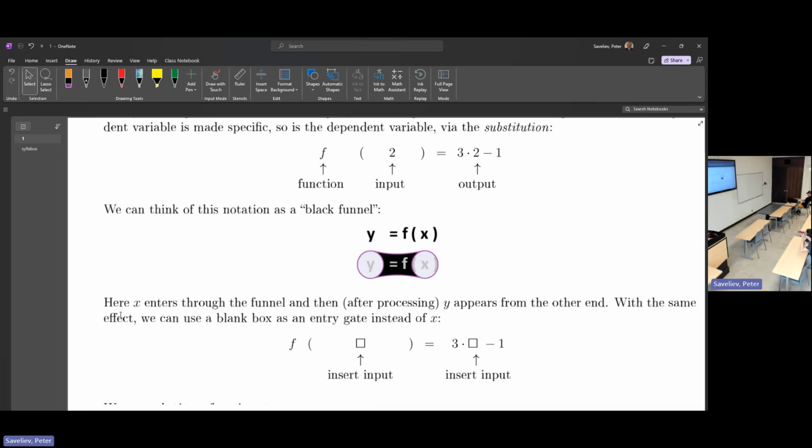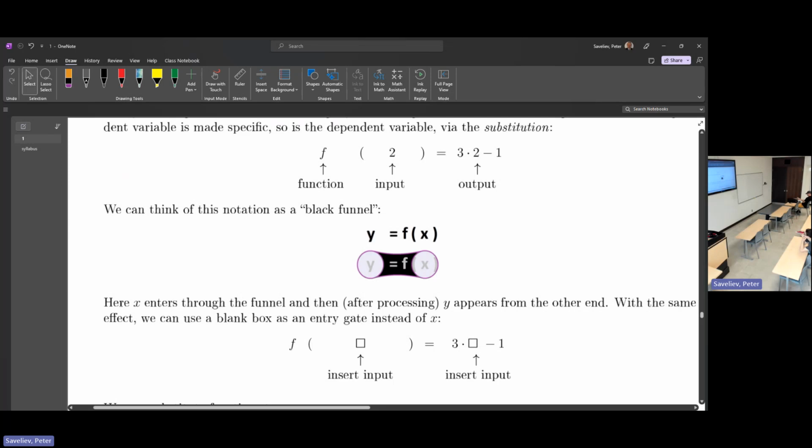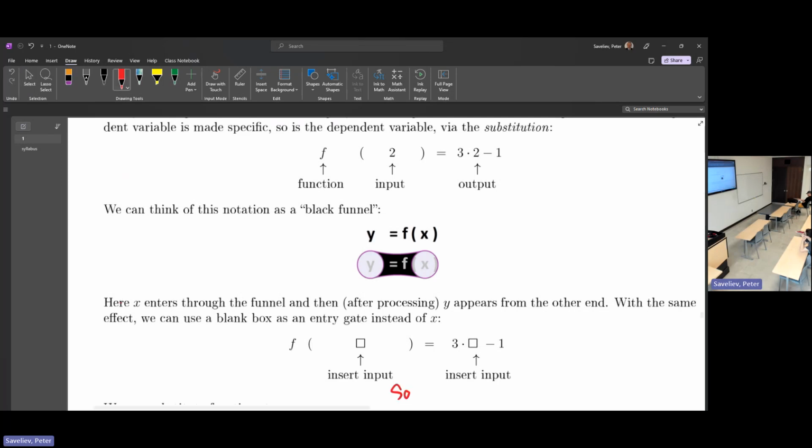There's a square, and you put a number there, as if it is, like on a web form, sometimes you write your name, and then your name populates the rest of the windows in that page. So that's insert input.